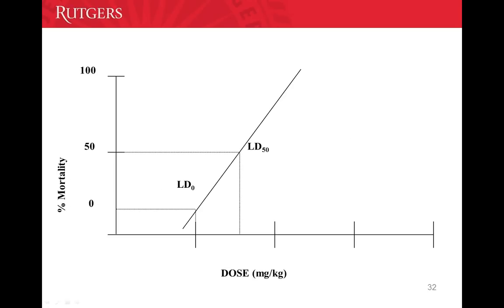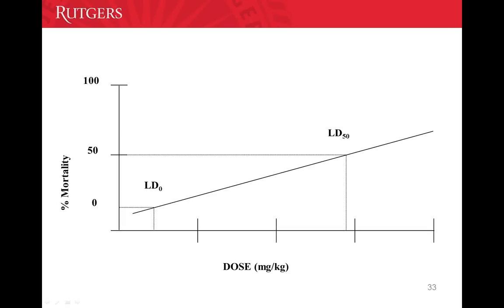For the first example, this one is unitless because I just want you to look at the slope of the dose response curve, but you can see the slope is quite steep. In this particular one, the slope is not steep for the LD50 line. Now, what's important about this?